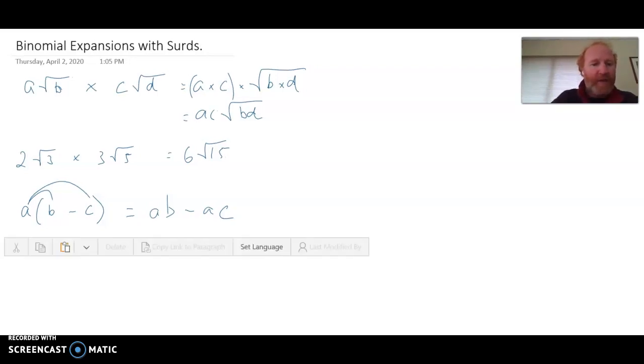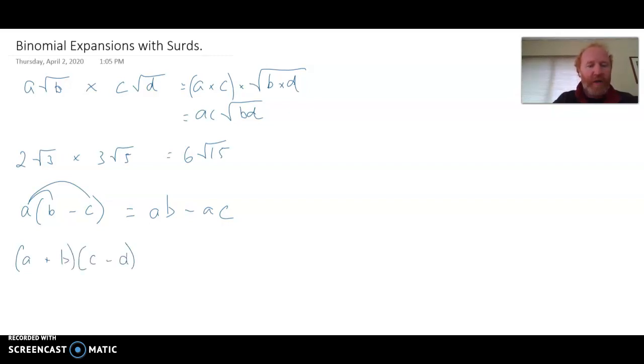If I have something in the form of the binomial, which is the main target of today's work, then whatever I've got here now says both things in the left-hand bracket multiply into both things in the right-hand bracket, and this time we have to be particularly careful about negatives and positives.